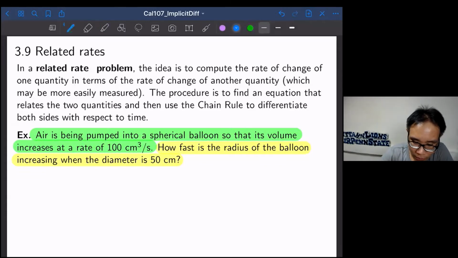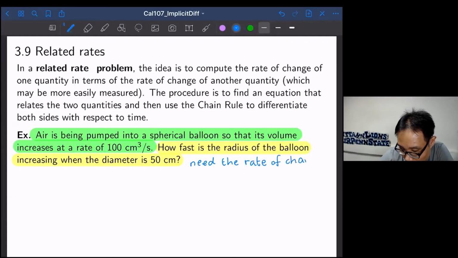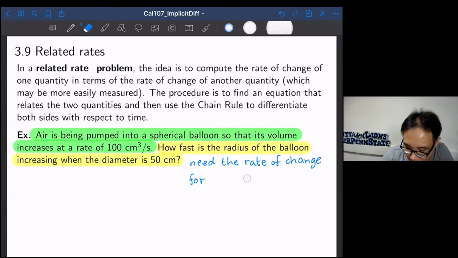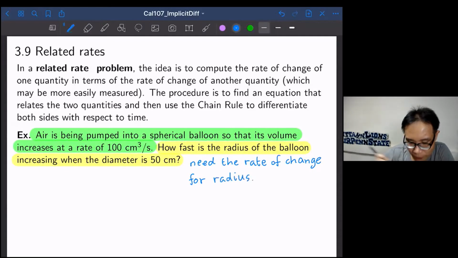So you need the rate of change for the radius.